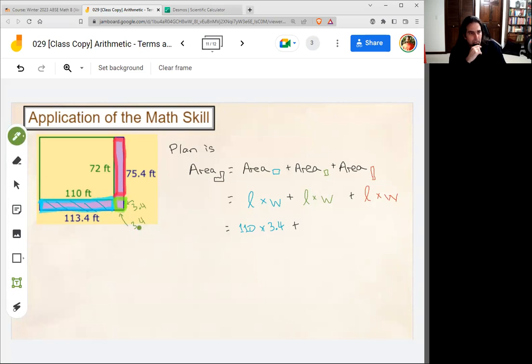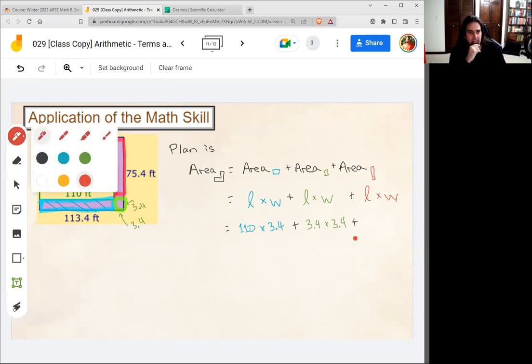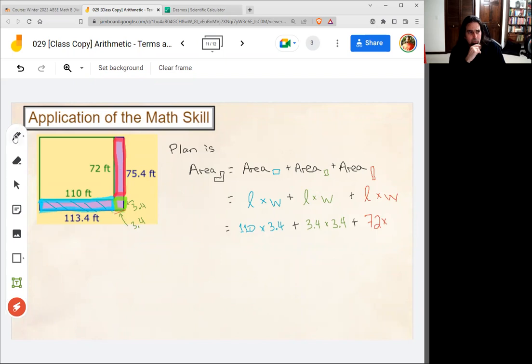Okay, 3.4. And that kind of makes sense that the sidewalk would be the same width on both sides of the building. So 3.4 times 3.4. And then this one, how tall is it? That was the 72. And how wide is it across? That was the 3.4.